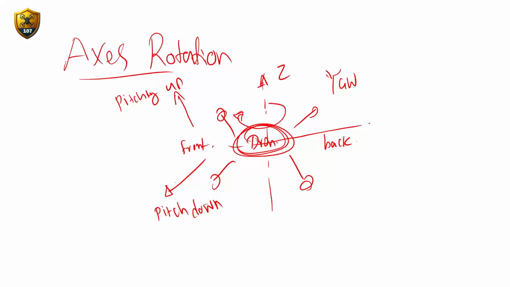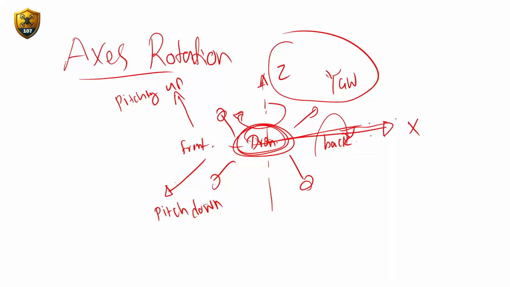And also we have the roll. Similar to pitching, we can also rotate the drone around this axis. So we have rotation around the Z axis, which is called yaw. If this is the X axis, rotation around the X axis is called roll.